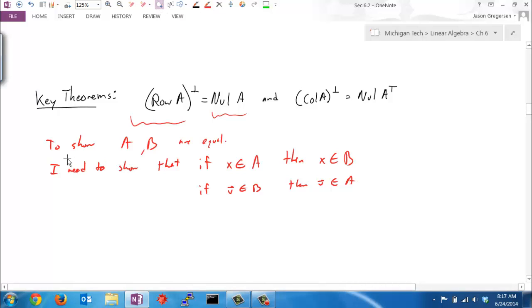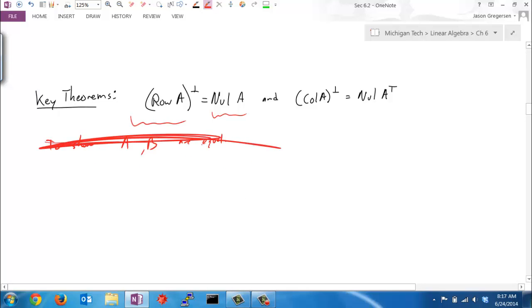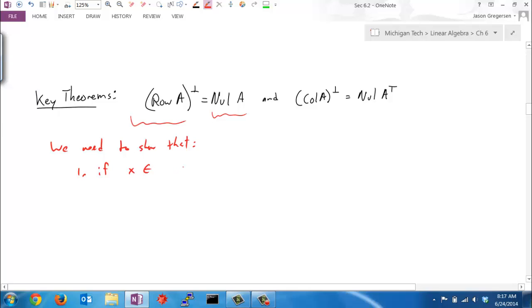So in this case specifically, we need to show that one, if X is in the row space of A perp, then X is in the null space of A. And then two, if X is in the null space of A, then X is in the row space of A perp.